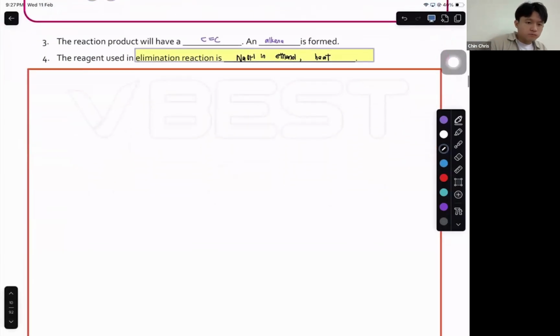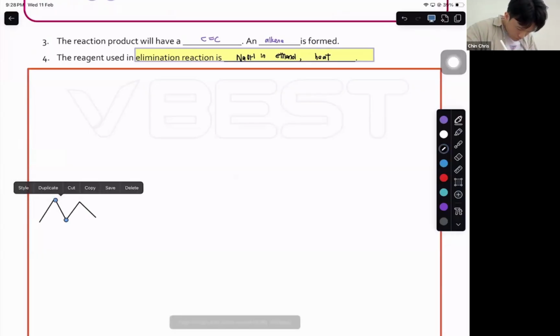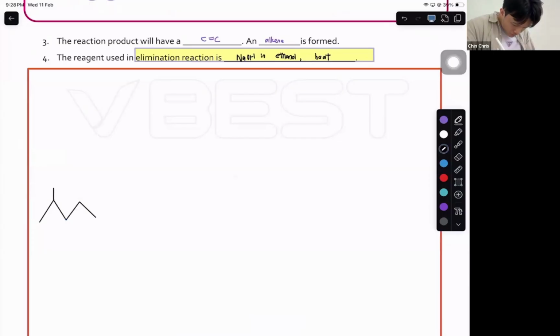Okay, but boys, now I want you guys to draw out the product. We're gonna eliminate this thing. Alright, guys, I have a chloroethane here.